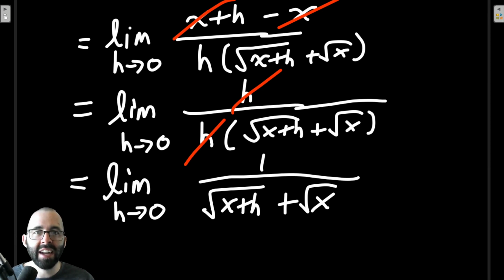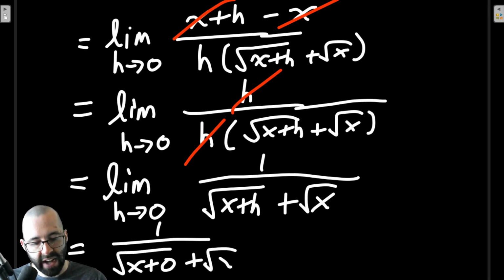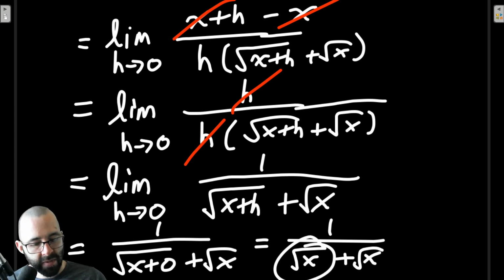It's time to plug in h equals 0. Okay? So when we plug in h equals 0, we get 1 divided by the square root of x plus 0 plus the square root of x. Well, the square root of x plus 0 is just the square root of x. We have 1 square root of x on the bottom plus another square root of x on the bottom.